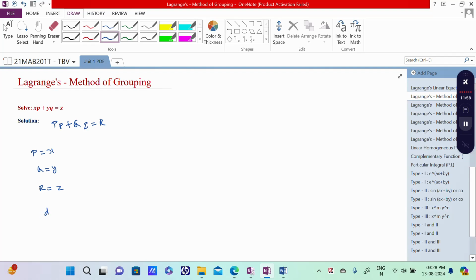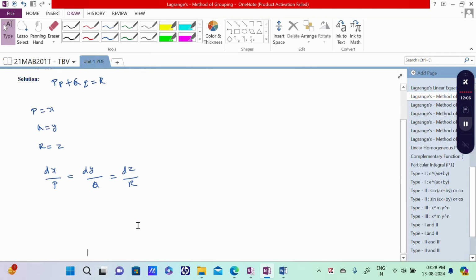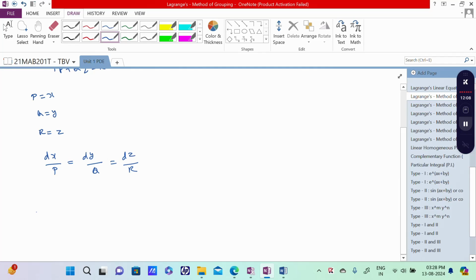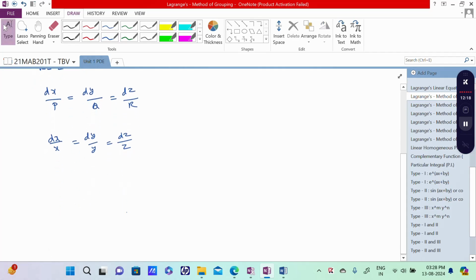Now the auxiliary equation is dx by P, dy by Q, dz by R. In this form, I am going to substitute the P value, Q value, and R value. As I mentioned earlier, choose any two terms: first and second, or second and third, or first and third.